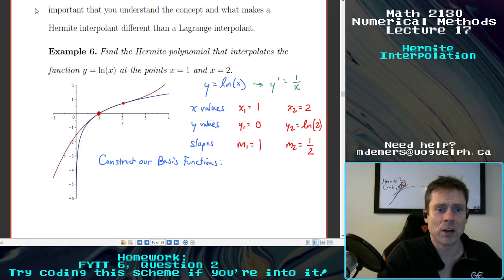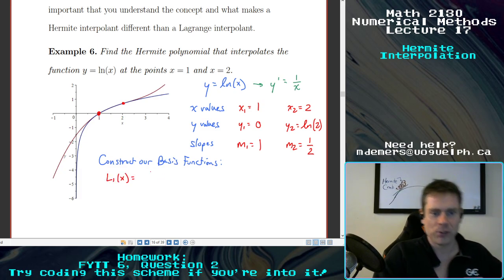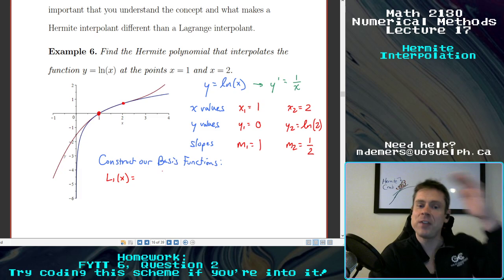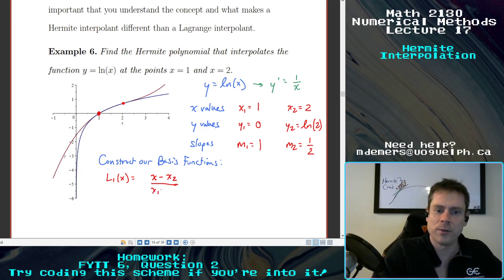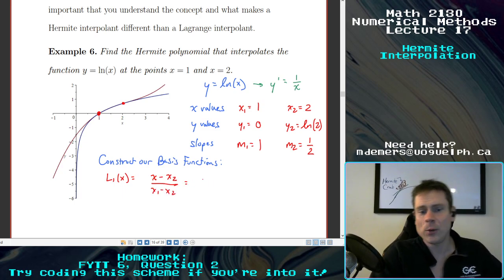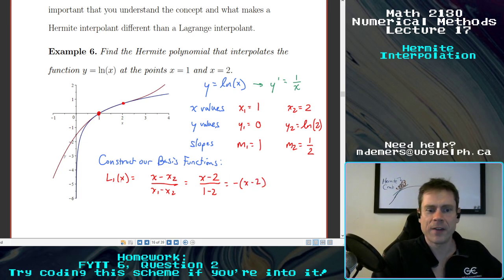Because we see that those are in the formula that we need. And those are not hard to find, right? L1 of x is equal to, remember how this goes, consider all of the other ones. So the x2: it's going to be x minus x2 over x1 minus x2. So I think we get nothing more than x minus 2 over 1 minus 2, or negative (x minus 2). So this is L1 of x, and similarly L2 of x.